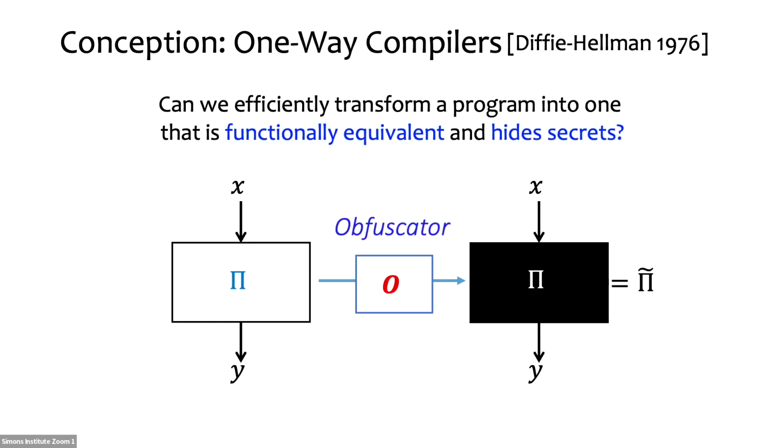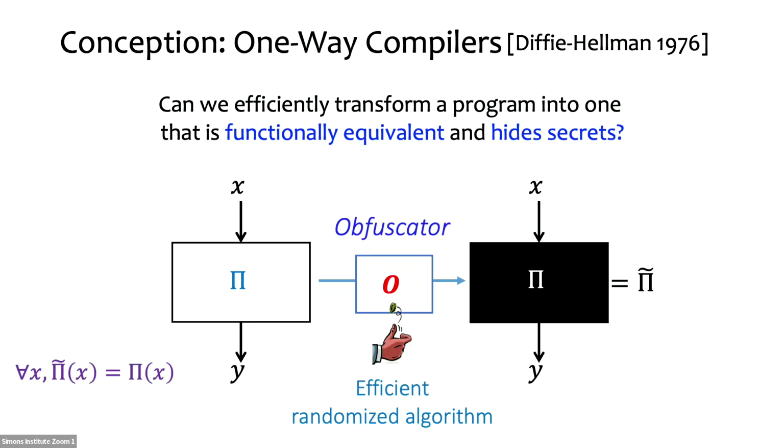This transformation is what Diffie and Hellman called one-way compilers, and what we now call obfuscators. They are efficient randomized algorithms that take as input a program description, typically a circuit, and produce another circuit we call the obfuscated program, with the guarantee that the obfuscated program computes the same function as the original program, that on every input they produce the same outputs. And now the new program becomes unintelligible.